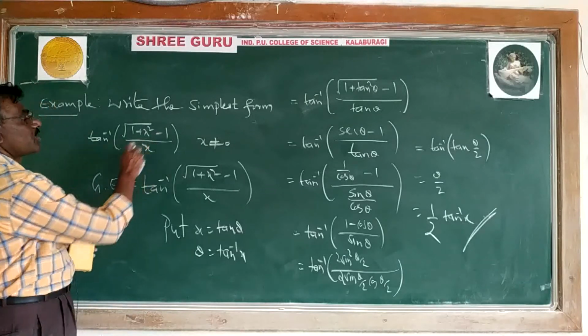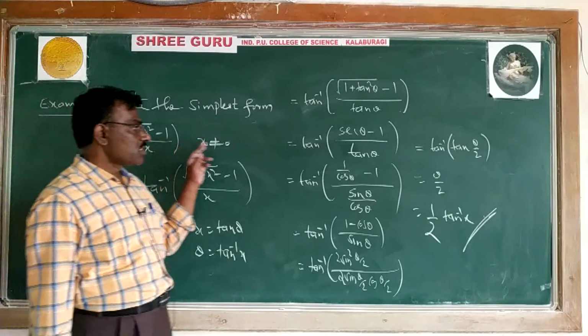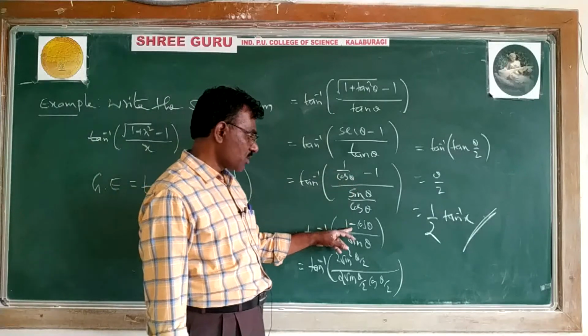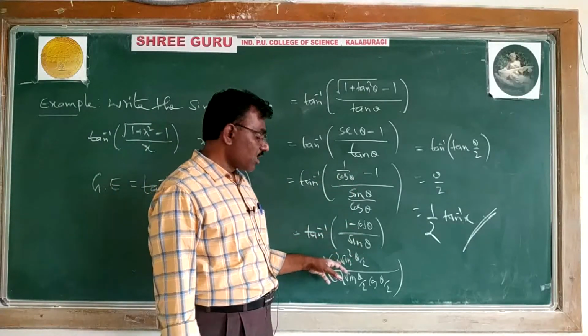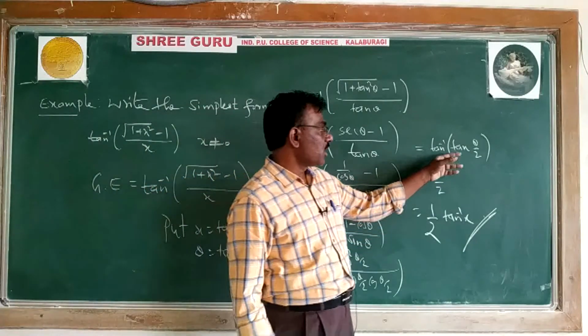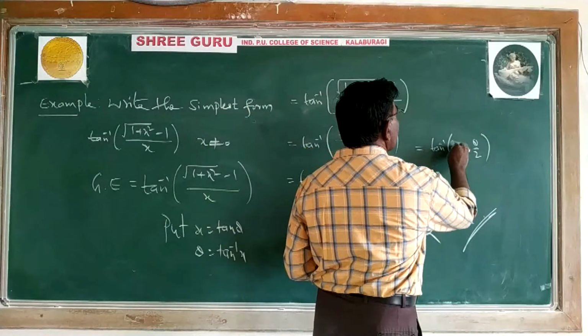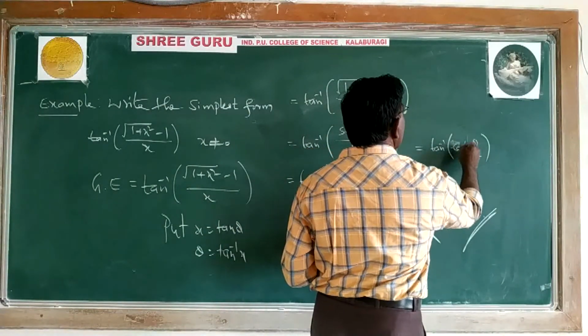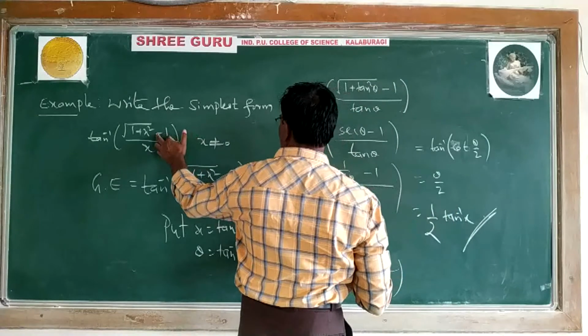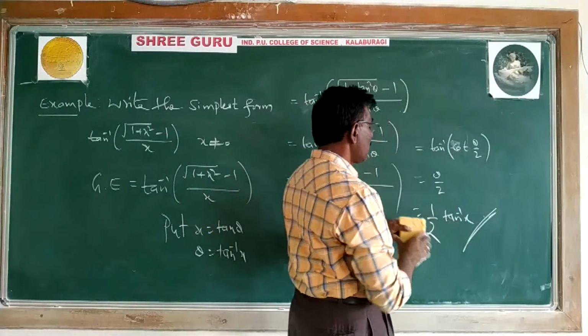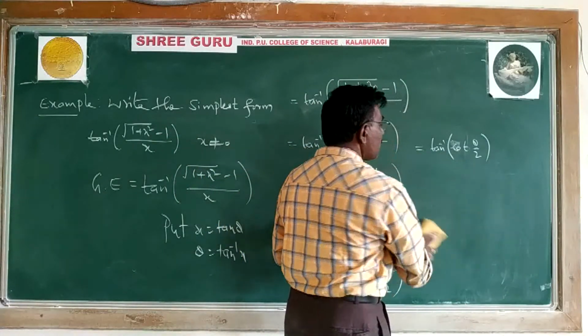Even if there is a plus instead of minus, the formula changes. If it is 1 plus cos theta over sin theta, then 2 cos comes, and we get cot. So we get tan inverse of cot theta by 2.